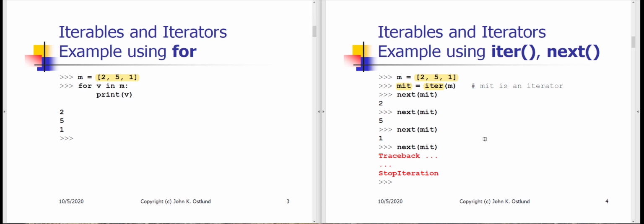I'm using the unimaginative name mit, or m iterator, for that iterator. Now, each time I call next, passing that iterator, what I get back is the next available value from the object m. So I get back a 2 the first time I call next, then I get back a 5, then I get back a 1. If I call next and there are no values remaining, next raises this StopIteration error.